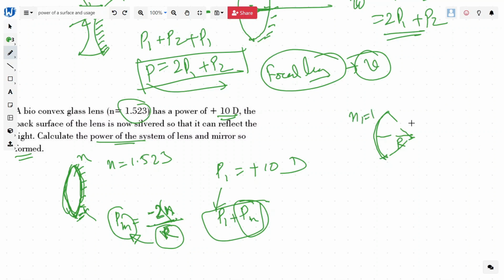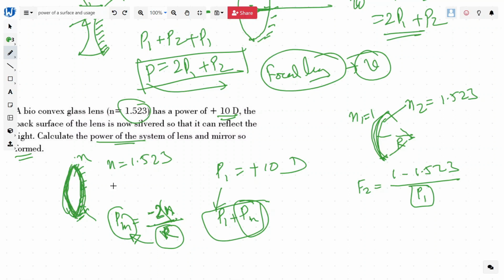Now n1 is equal to 1, this side n2 is equal to 1.523. So the power for the surface is equal to 1 minus 1.523 over r, and we have to find the power of surface 1. Because this is a biconvex lens, it consists of two surfaces, and both the surfaces are equal in radius.